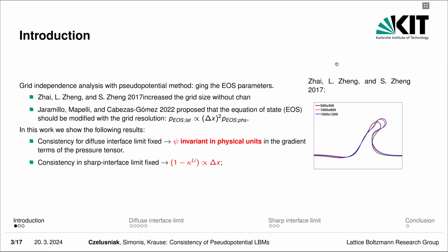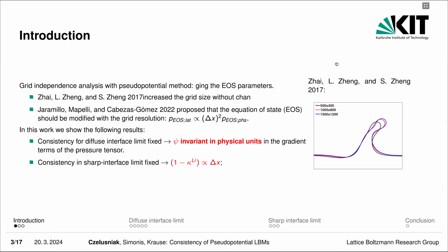They considered the Reynolds number the most important parameter, so as you increase the grid resolution, they reduce the impact velocity and maintain the same Reynolds number. This has been done for a long time in the literature.